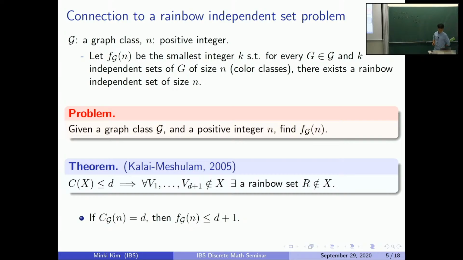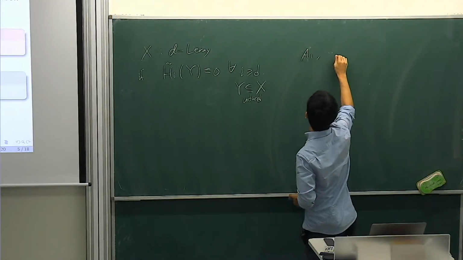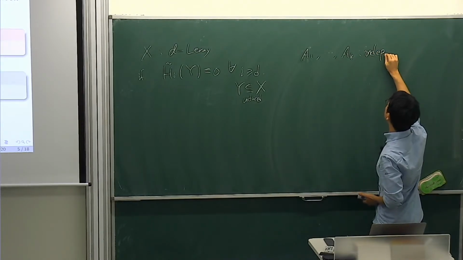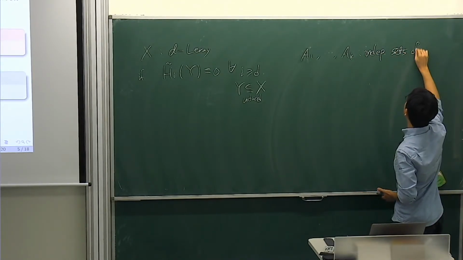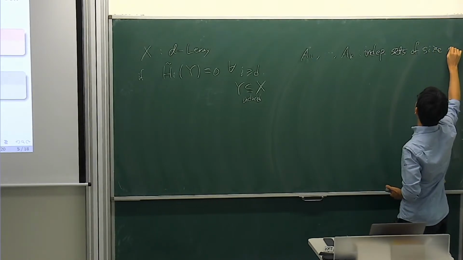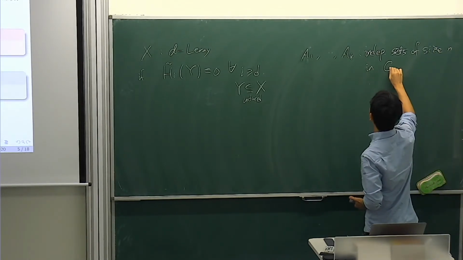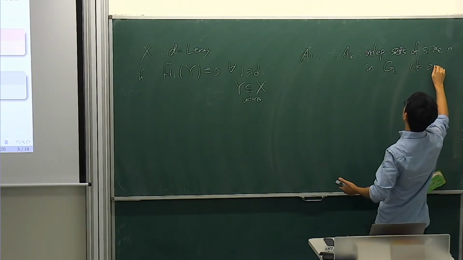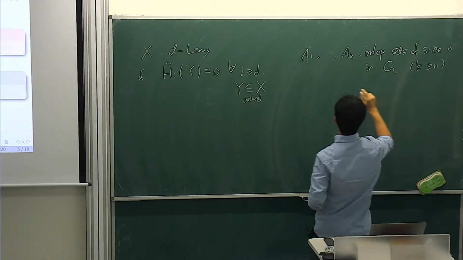A rainbow independent set is, let's say A1 to Ak be independent sets of size n in G. Let's say k is larger than or equal to n.